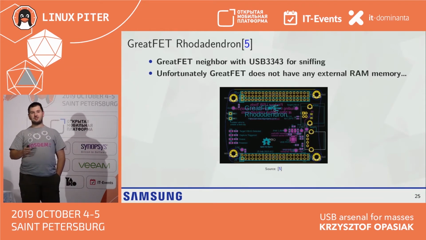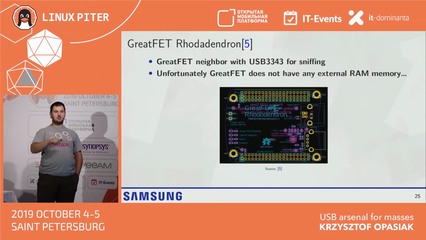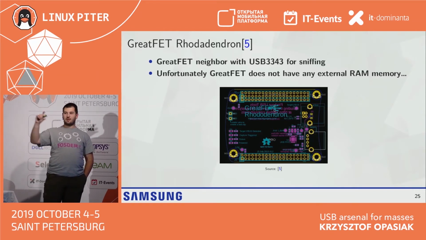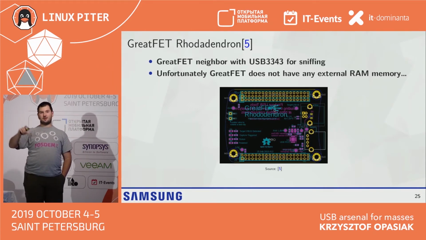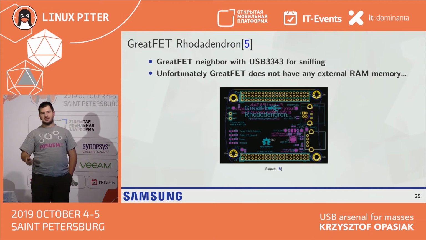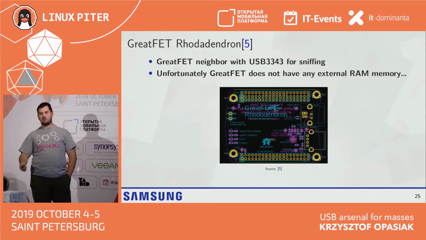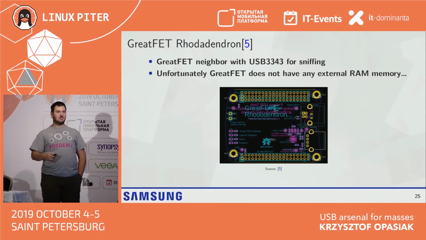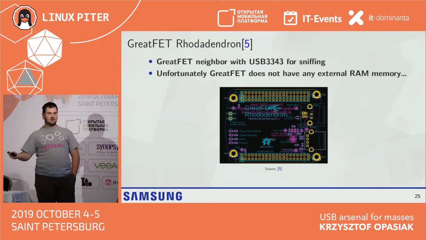Unfortunately, there is no memory built into the GreatFET board. In OpenVizsla, we have 100 megabytes of buffer. Here we have zero, or maybe a couple of hundred kilobytes inside the chip itself. So you're not going to be able to sniff fast devices that send a lot of data.